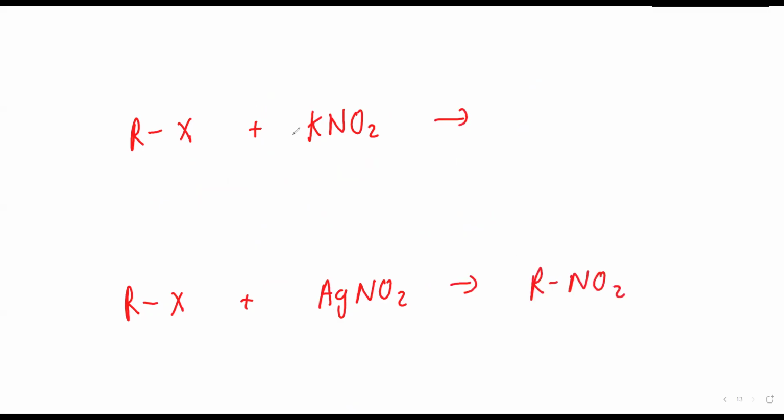But if I normally use potassium nitrite, then I am going to get R-ONO. Yes, potassium nitrite has the oxygen end. Okay, it is an ionic compound, this potassium is ionic. Silver will always, the attack will be from what? N. Is this the same or not? Okay, what am I going to get here? KX. What here am I going to get? AgX. What is the name of this compound?